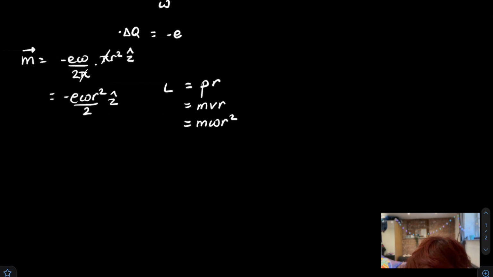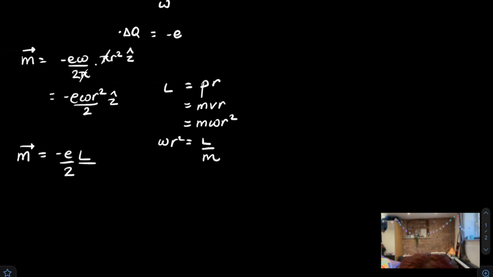And so if we rearrange this equation, omega r squared is simply equal to L divided by m. So we can say that the magnetic dipole moment is simply equal to minus e over 2 times L divided by m.